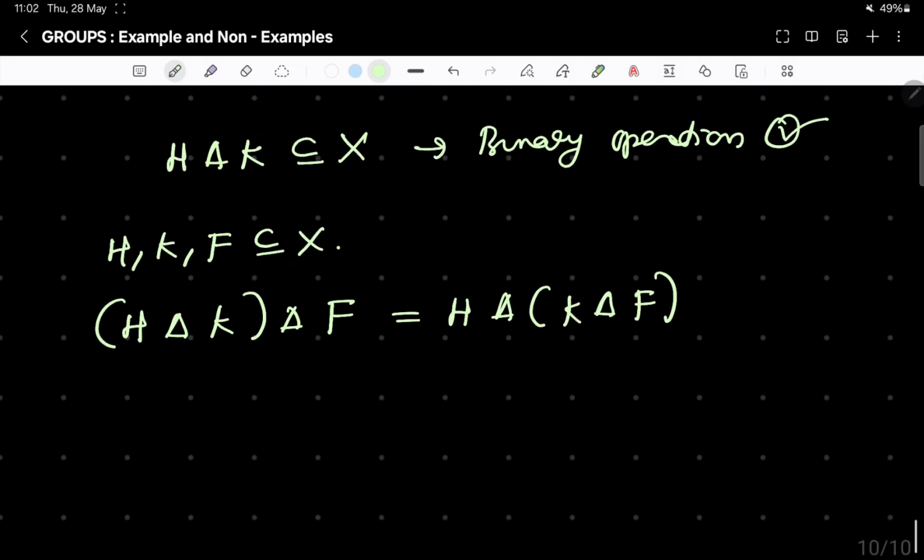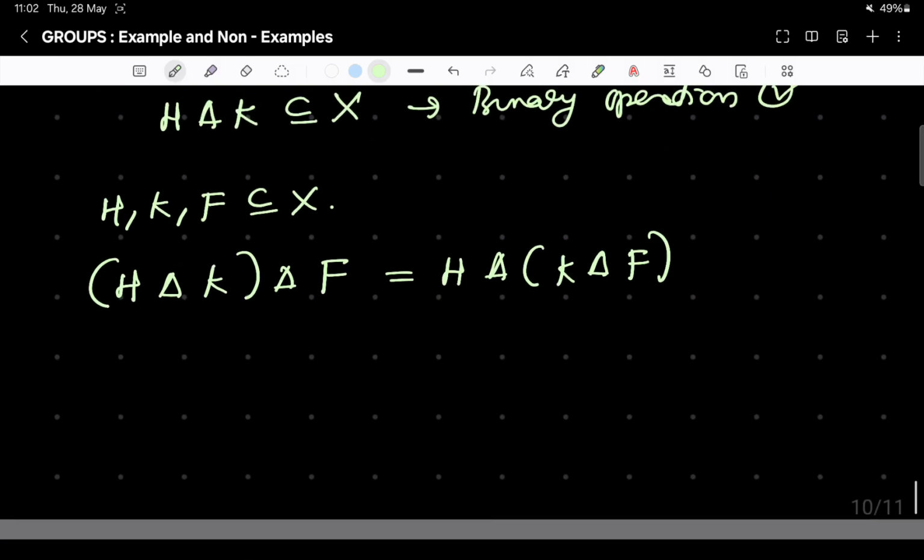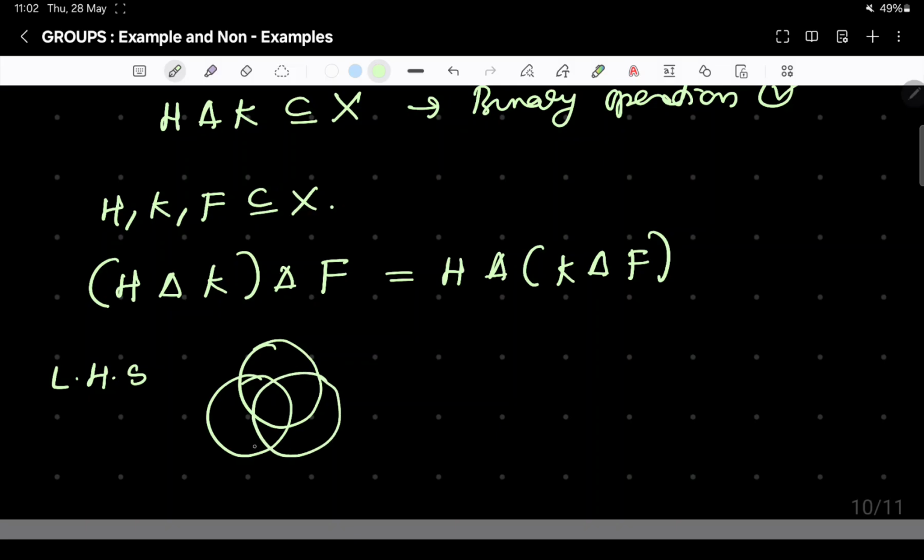Maybe you can prove it using diagrams. For example, let's look at the left hand side and how the diagram will come. The 3 sets you are taking are H, K, F. In the first operation, H symmetric difference K, this is what you get.